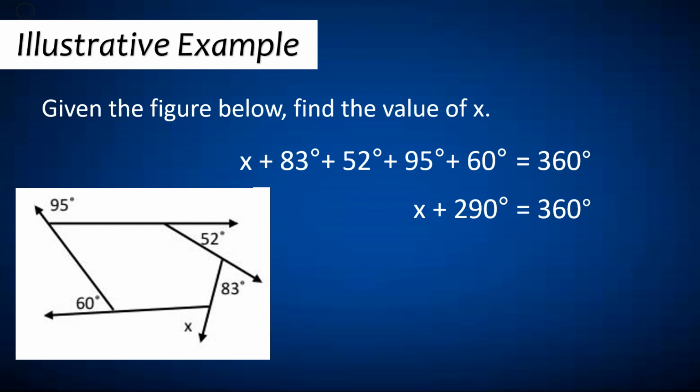Subtracting both sides by 290 or by transposing 290 to the other side of the equal sign, we have 360 minus 290 degrees. X is equal to 70. So, ang measure ng x sa figure natin ay 70.